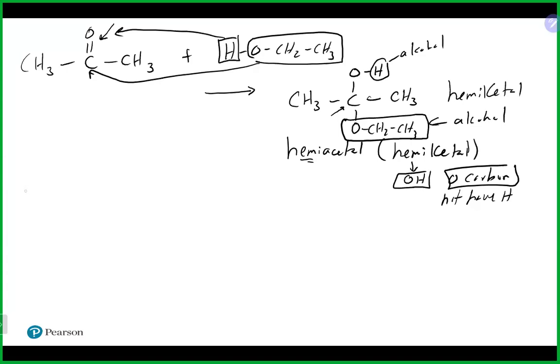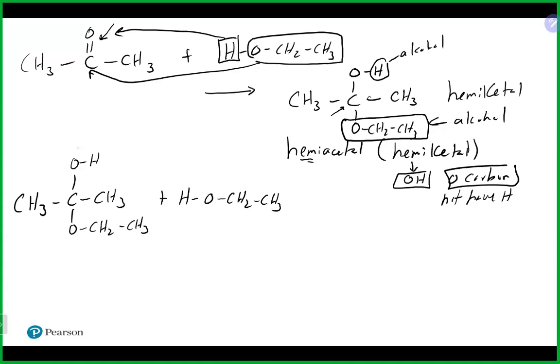And if you added, again, two alcohols to this, the exact same thing is going to happen as what happened with the aldehyde. This guy is basically going to go off, and he's going to make water with this guy. So these two guys will come together to make water.